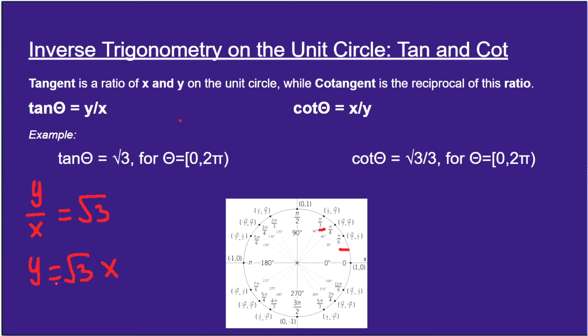Notice how if y equals root 3x, then y should be the one with the square root 3 in it. And I see here at pi over 3 is where y equals square root 3 over 2, and x is 1/2. If I plug 1/2 in, doesn't that equal root 3 over 2?